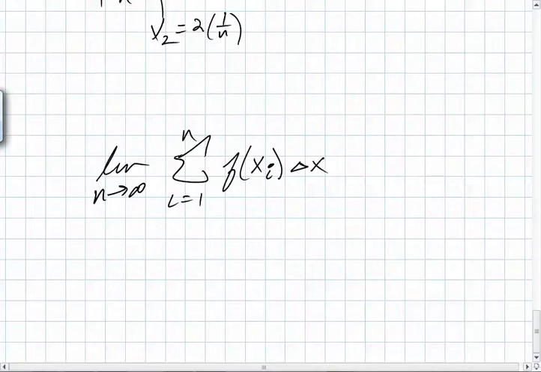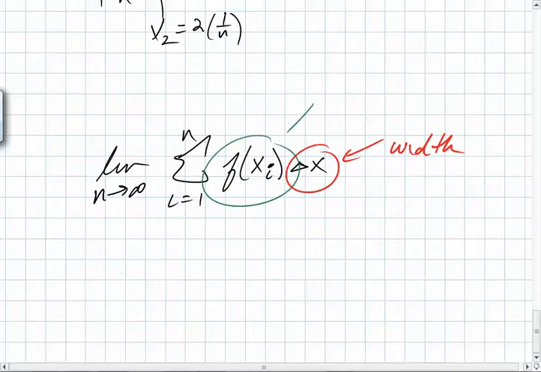So how does that translate to what we just wrote up top? What is this? That's the width, right? In our example above, that was 1 over n, right? What does this represent? The height. And how many of them are you adding together? n of them, and n is going to infinity.